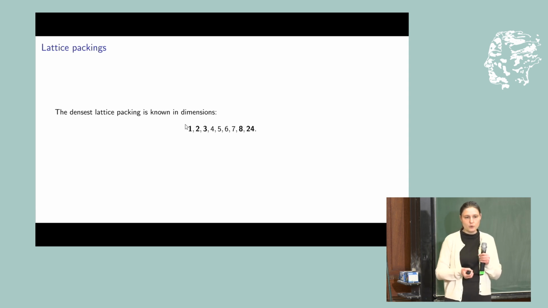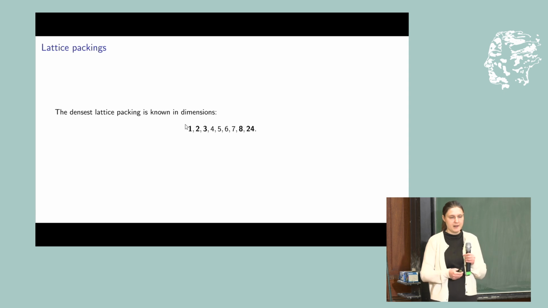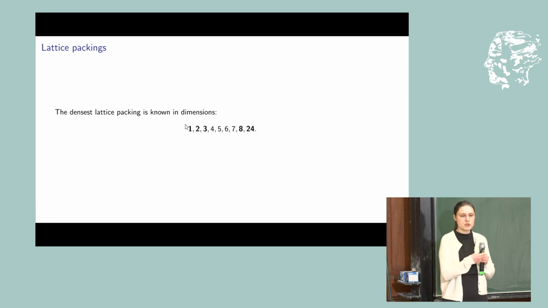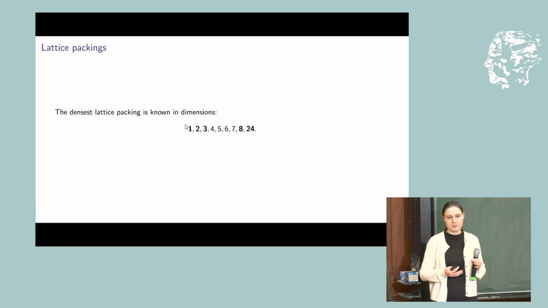The result in 24 was quite recent, maybe 10, 15 years ago, a result by Henry Cohn and Abhinav Kumar. Here we see that some numbers I put in regular letters, and some of them are bold. Those which are bold are where we know the solution not only to the lattice packing problem, but to the complete packing problem.